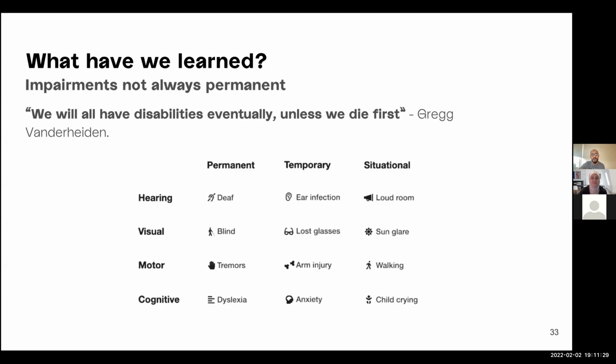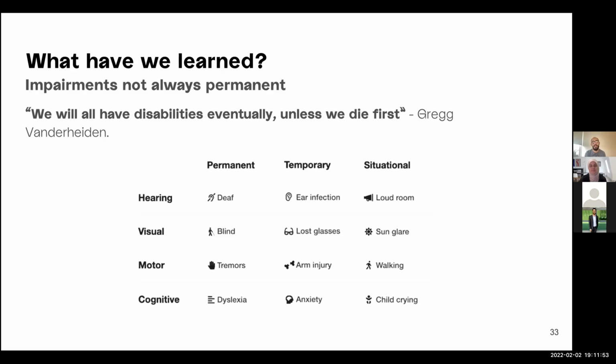We explored a little bit about the different types of disabilities and how to see it from the real side, not just from the medical side, or as most people think, that disability means permanent disability.